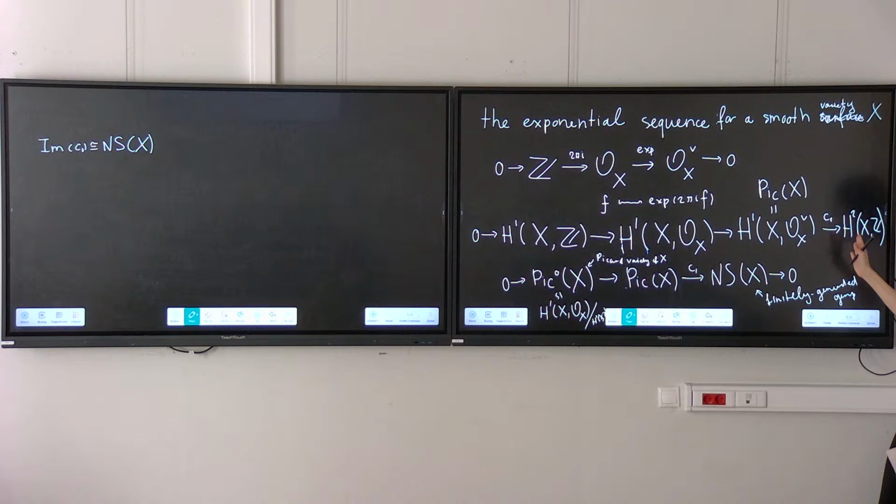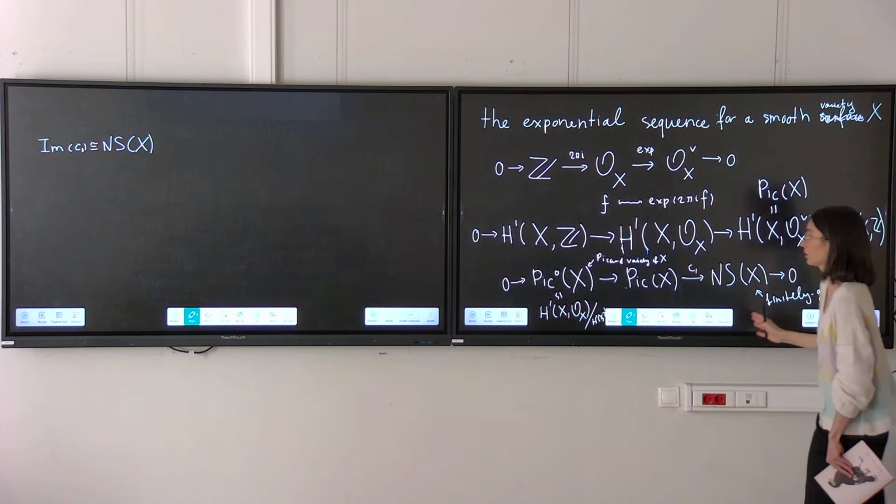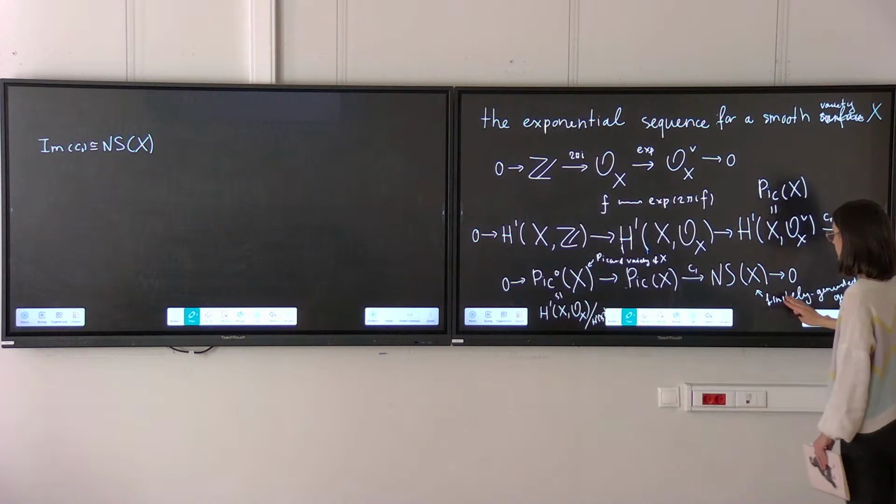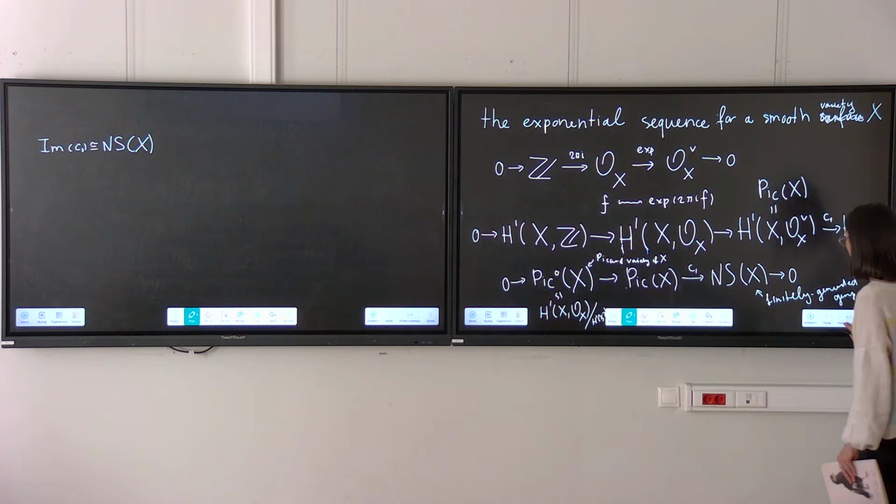So in the complex setting, we just for free obtain this statement about finite generation.